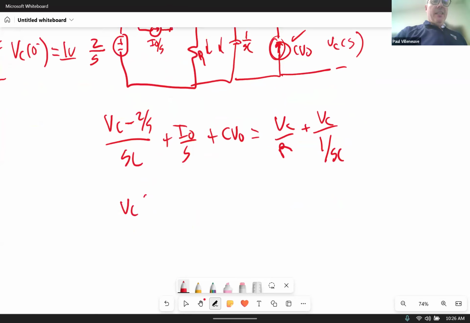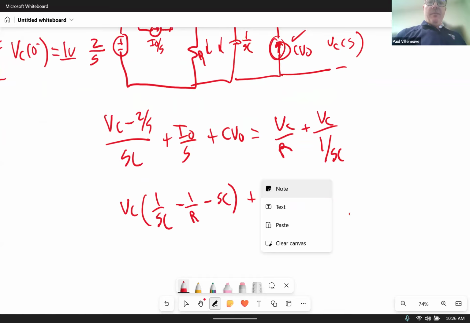VC times 1 over SL, minus 1 over R, minus SC, plus negative 2 over S squared times L, plus I over S plus C V naught equals 0.